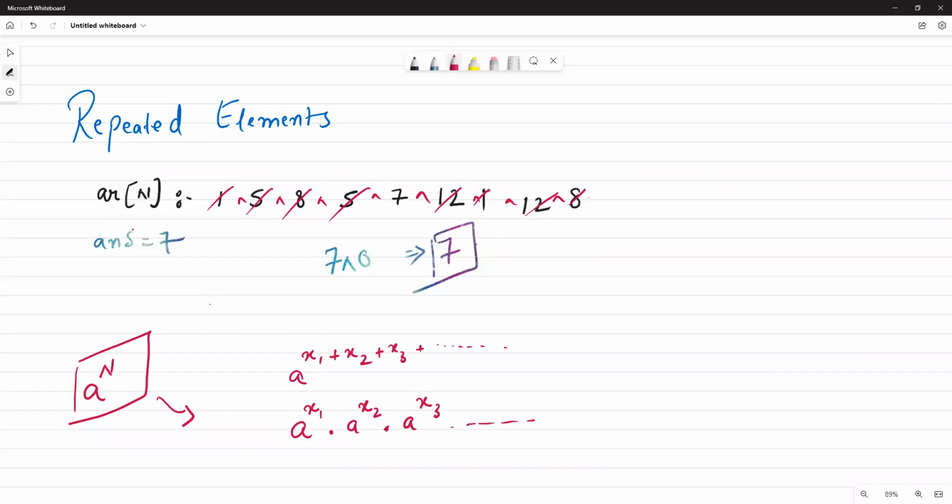Here whatever your x1, x2, x3 are, they are unique. If I take the number as, let's suppose, a to the power 22, I can split it bitwise, that is a to the power 16 multiplied by a to the power of 4 multiplied by a to the power of 2. Are you getting it?